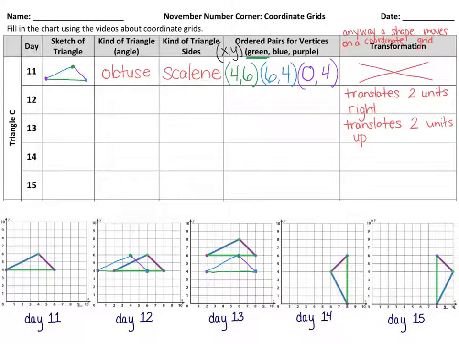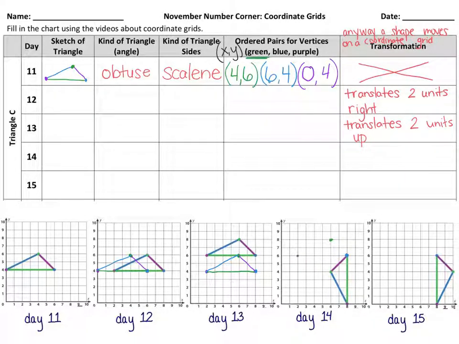So that's where we're going to put it this time, 6, 8. Then we have our blue ordered pair, which was at 8, 6, which happens to be in the exact same spot that it still is. And our purple ordered pair was at 2, 6. So 2, 6.